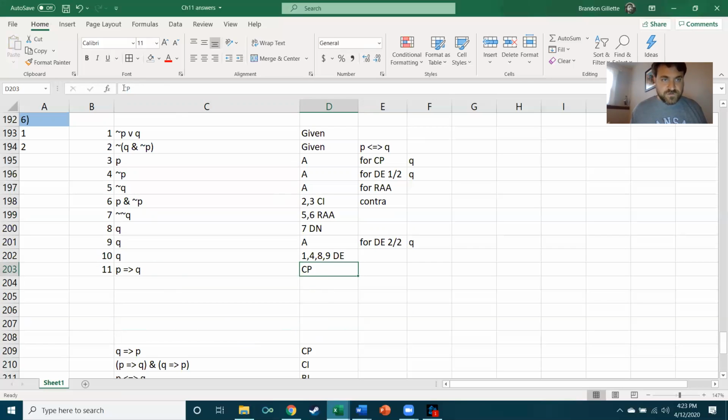Okay, and that conditional proof, now we have line numbers to go with it. Those line numbers being line 3, right, where we made our assumption, and line 10, where we got our result.